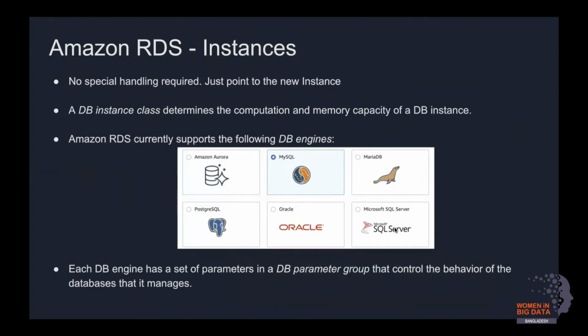Out of these, we will focus on Amazon Aurora in detail in an upcoming slide, which Amazon themselves have optimized and are bringing up in the market. But the rest, most of the things used in the market, are all provided by AWS in the RDS service under one umbrella. You can select any of these engines or database types. The principle of Amazon taking care of everything remains the same.